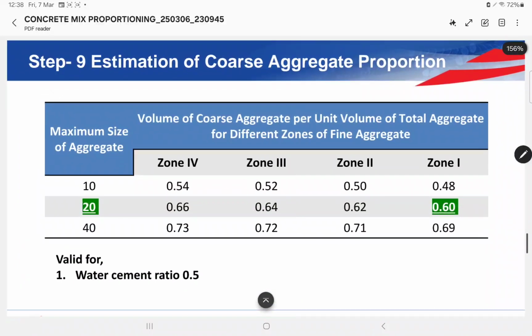Next, estimation of coarse aggregate. Now this 0.6 is valid only if the water cement ratio is 0.5, but in our case the water cement ratio is 0.37. Again we need to do some corrections for this also.